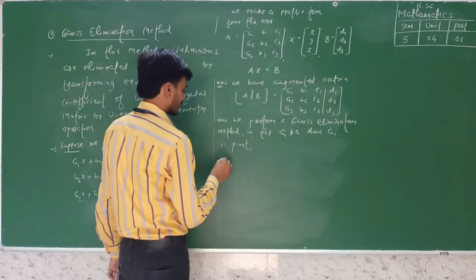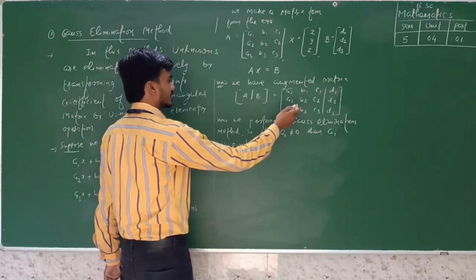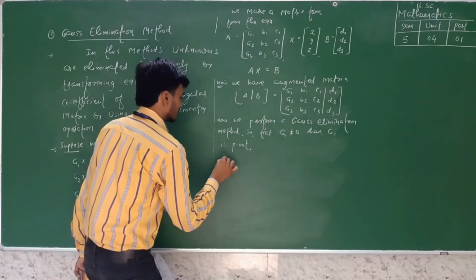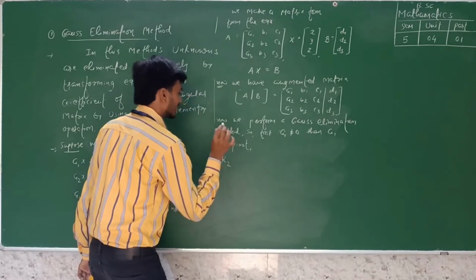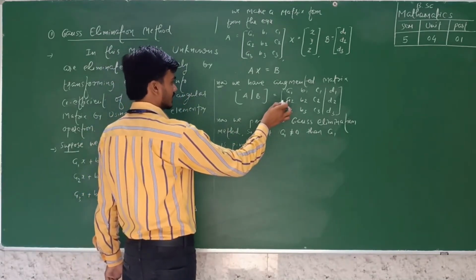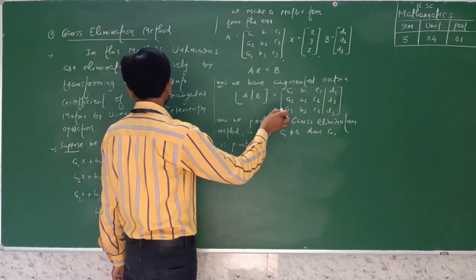So A1 is not equal to 0, so by using A1, the A2 and A3 elements are made 0. So what are the operations of this matrix? The first row changes the second row, and this can make a 0. Also these elements are made 0.